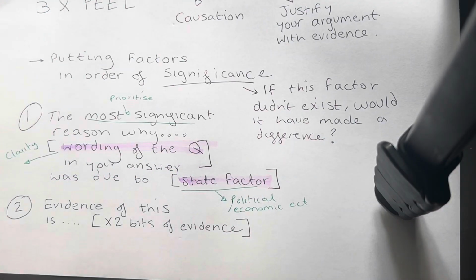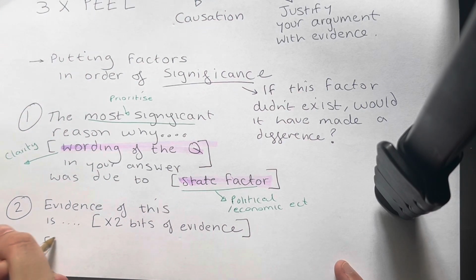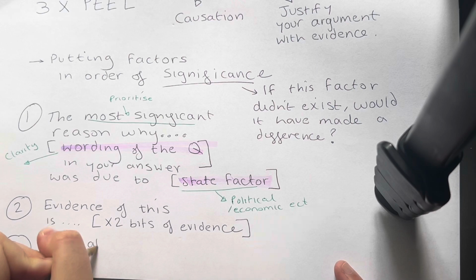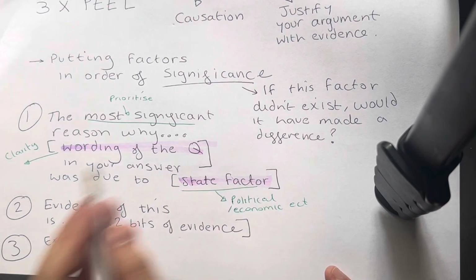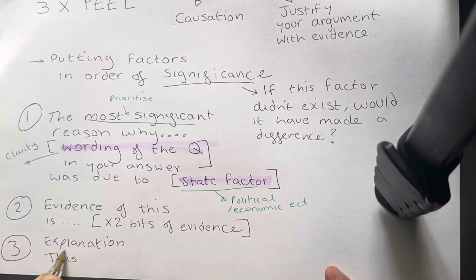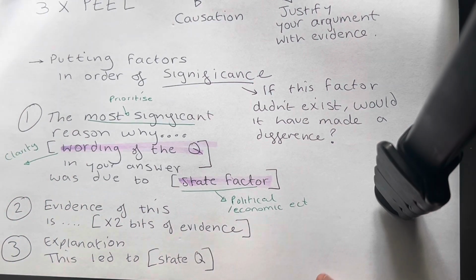And then the even bigger bit that you need to do, and this is your priority, okay, is your explanation. So your explanation, again, use the wording of the question in your answer. So this led to, and then state the question. So this led to the execution of Mary because.